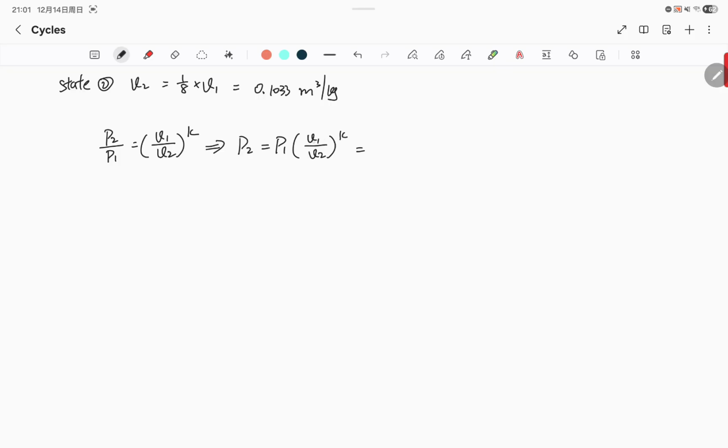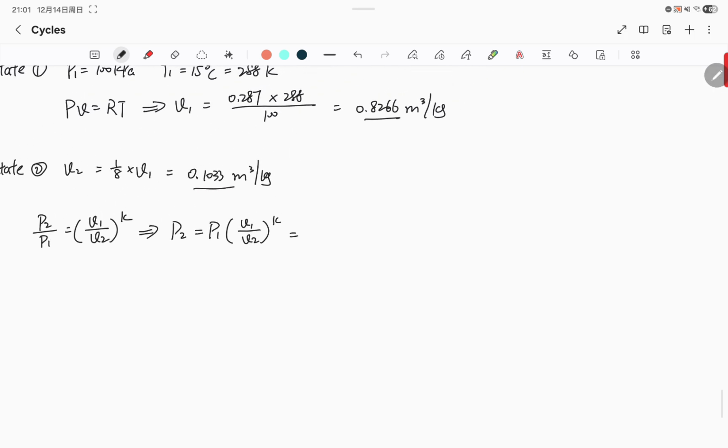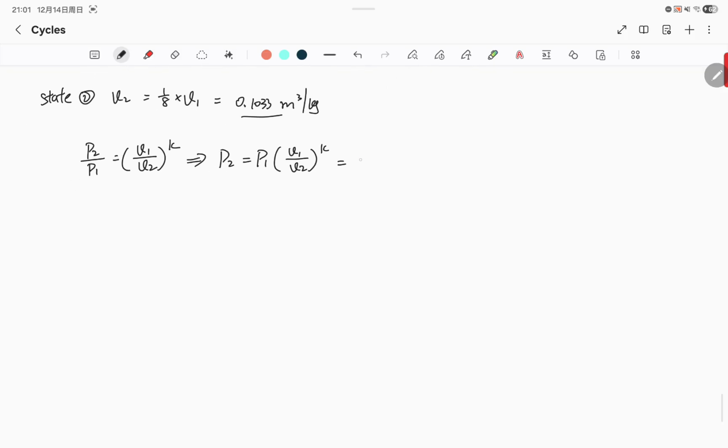Here, you don't have to write down the values for V. You can just use the compression ratio, because V1 over V2, yes, you can write down this divided by that, but it's not necessary. It's just the compression ratio, sorry, not pressure ratio. And that is 8. k is 1.4 for air. That gives me this much.